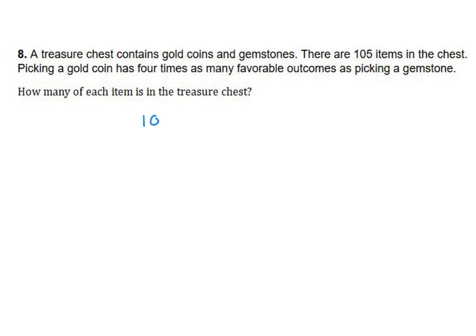We know there's 105 total items in the treasure chest. We need to use the same variable, okay? But what we know is gold coins has 4 times as many favorable outcomes. So we're going to say this is 4 times X. X equals an item in the treasure chest.